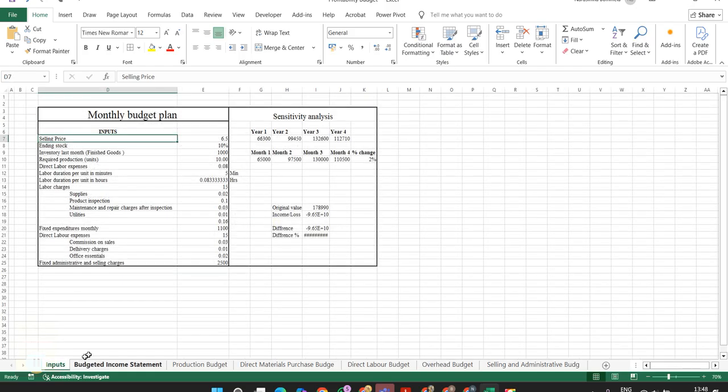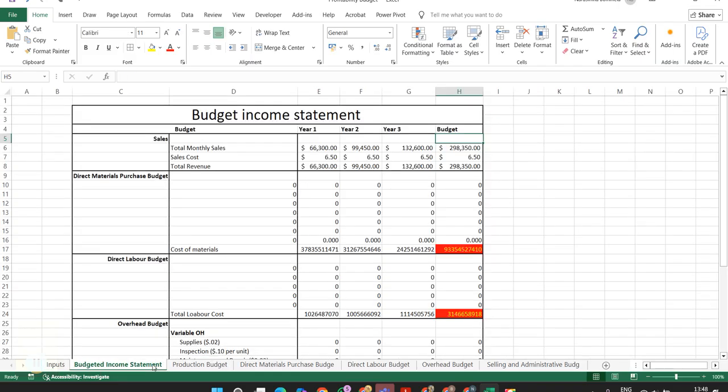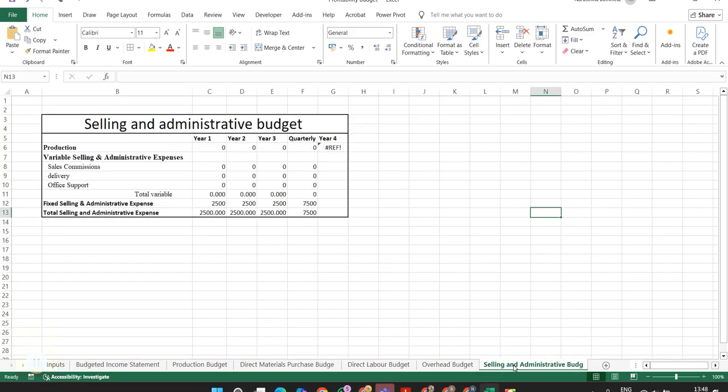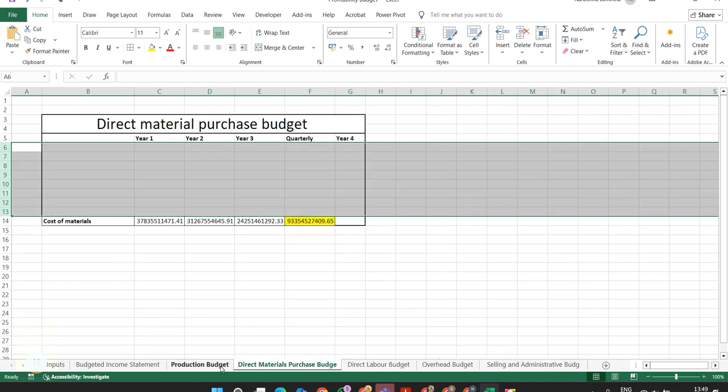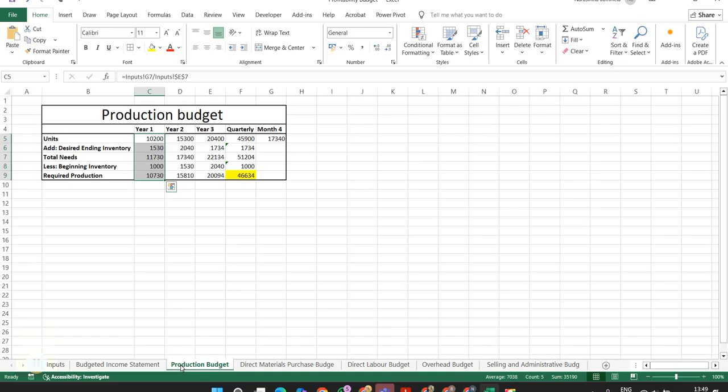Maybe from the inputs, whatever the values, total revenue values. So here you are supposed to give revenue values in this area. Actually, here it is not available, right? So wherever we get, this is if it's the sales budget. Where is the sales budget? Selling total sales commissions directly.